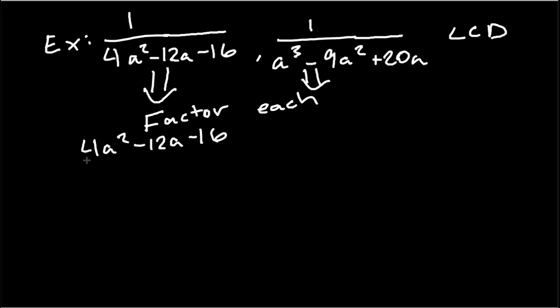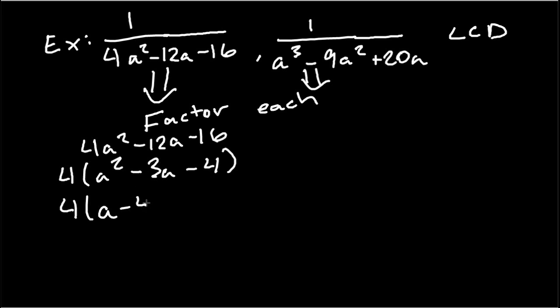What we can do first is take a 4 out. That leaves us with a squared minus 3a minus 4. Now we can factor this. This is pretty easy. Factors of negative 4 that add up to negative 3. That would give me a minus 4 and a plus 3. So we've factored this denominator.